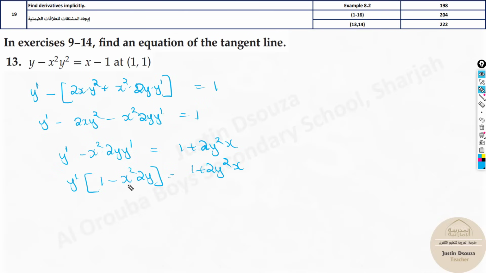Here you can basically stop and just substitute. Even over here, if you want, you can just substitute the values and then simplify as well. From just this step to this step, you can, because we do not need to do it for y dash, but we are just doing it so it's simpler and easier to understand. Now this is the answer, right? So it's 1 minus x squared 2y.